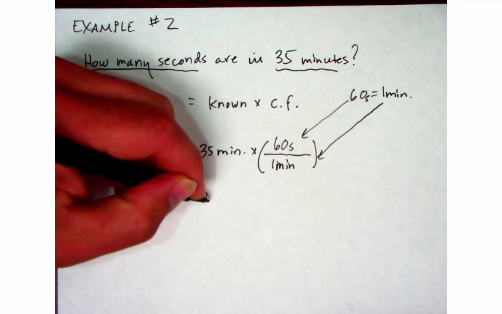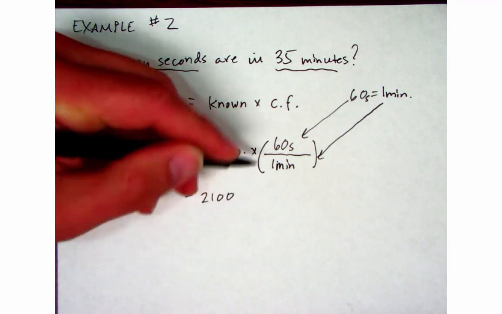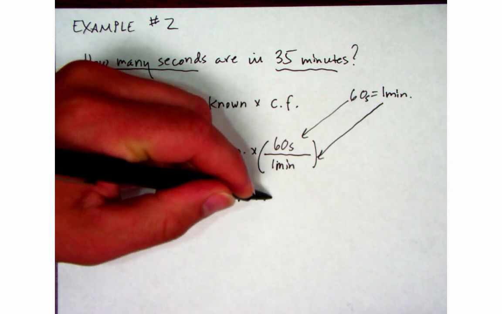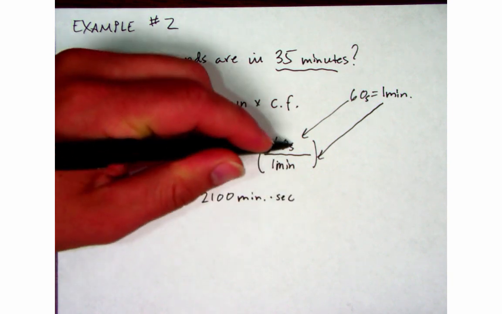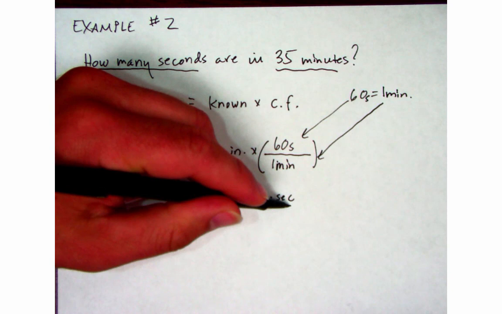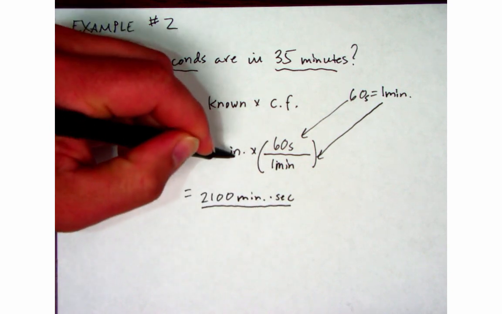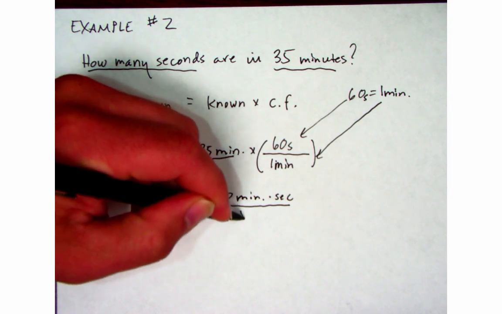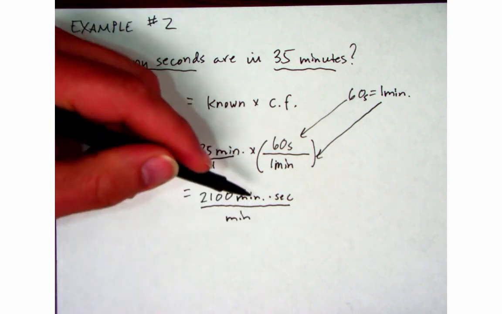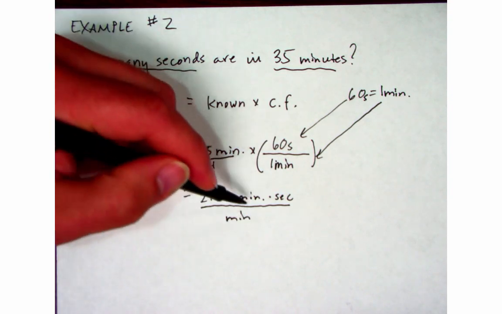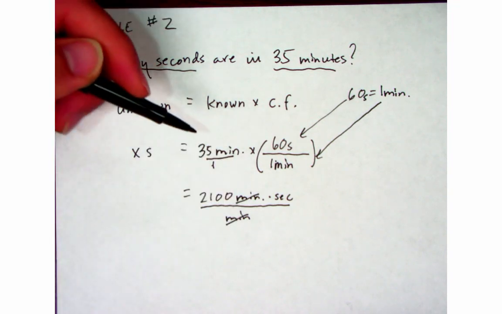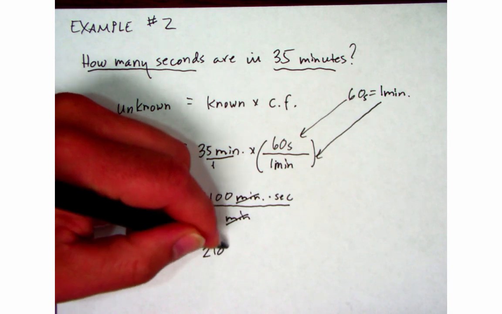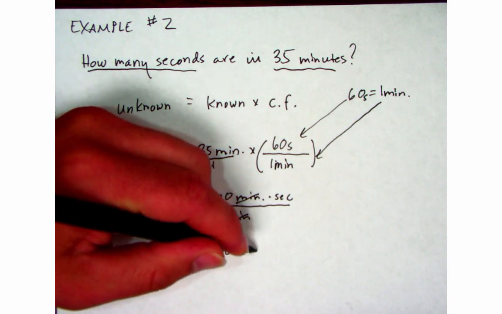So 2100 minutes times seconds, because those aren't numbers, they don't really multiply very well. 1 times 1 is 1, and then I have minutes on the bottom. And again, if I have something on top and something on the bottom, then I can get rid of both of those things, and what is left over is my final answer, 2100 seconds.